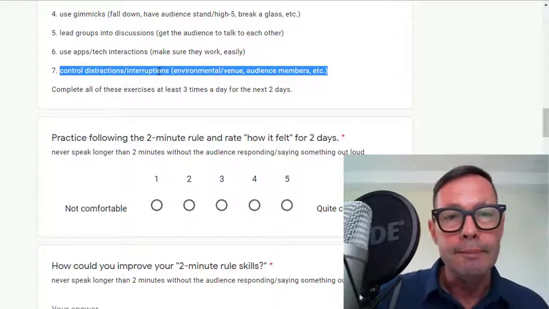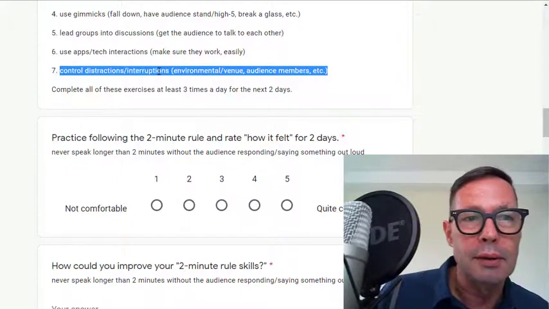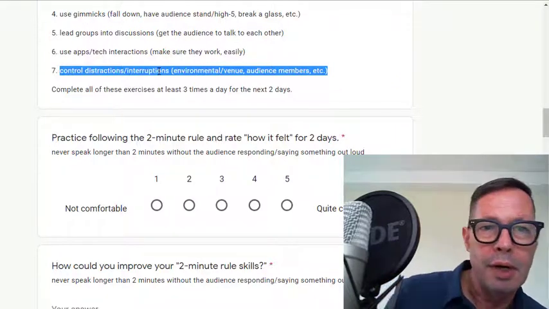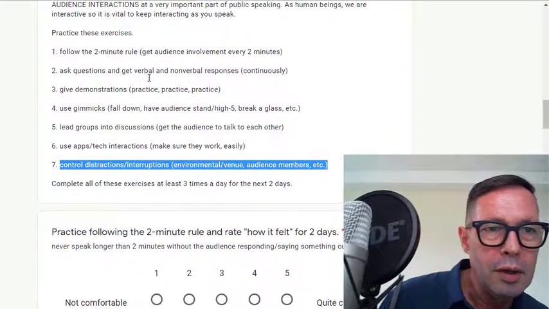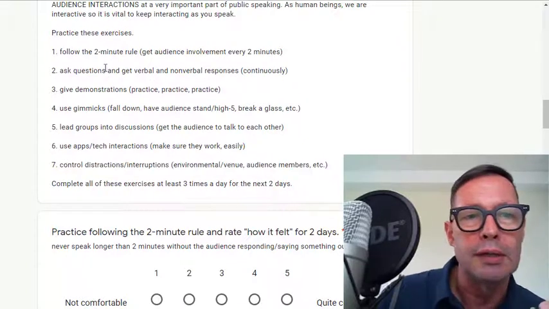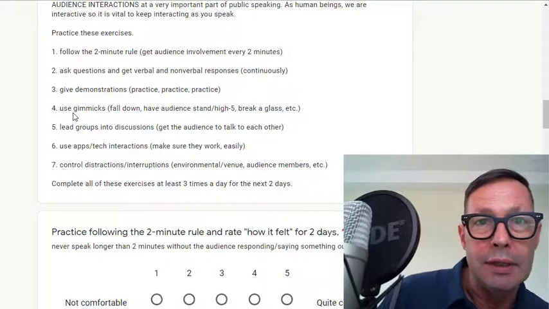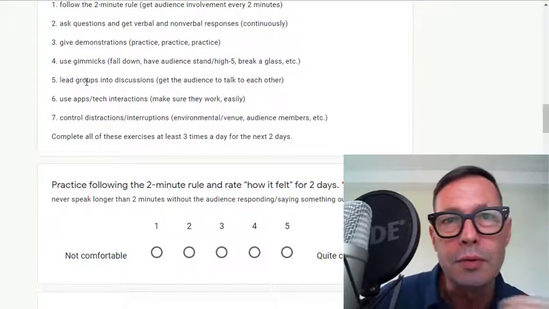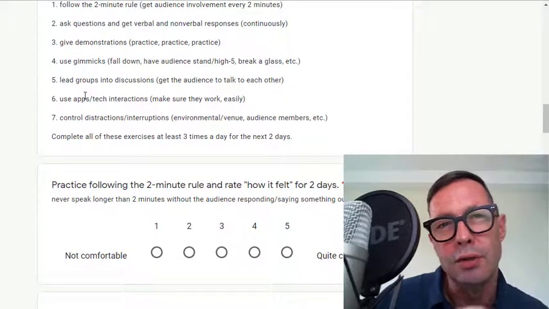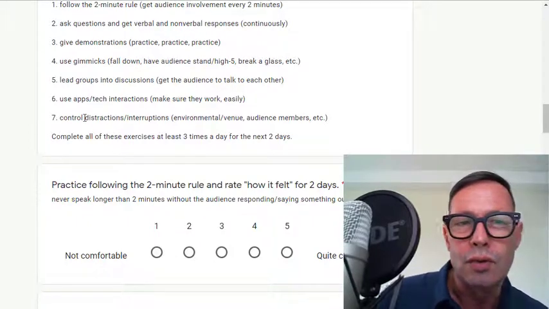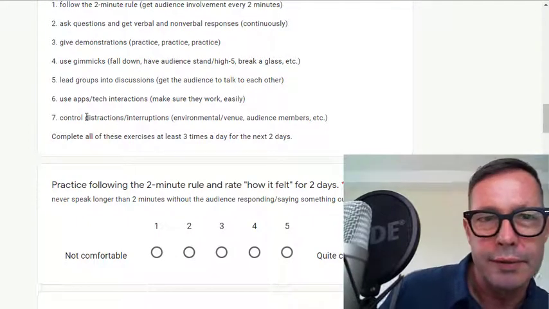So in conclusion, we've talked about audience interactions. We talked about the 2-minute rule, just doing it for a few minutes, and then asking questions, using demonstrations, having gimmicks, leading groups in discussion, using technology and applications and apps, and controlling distractions to the interactions.